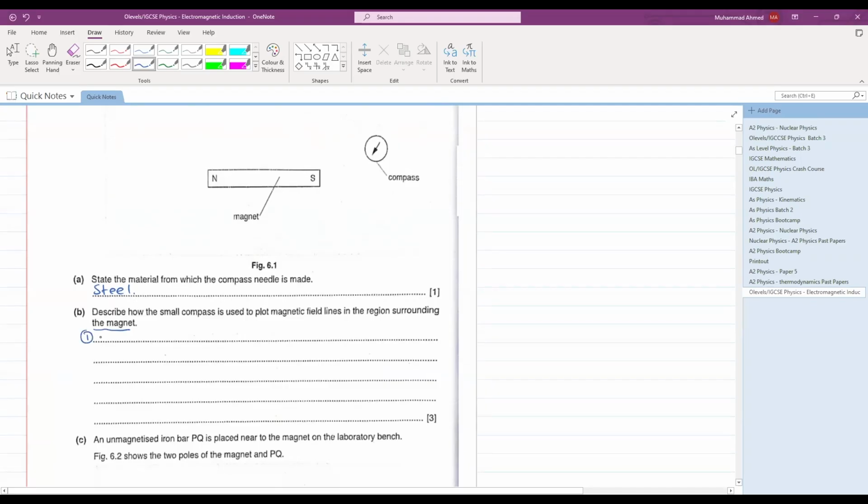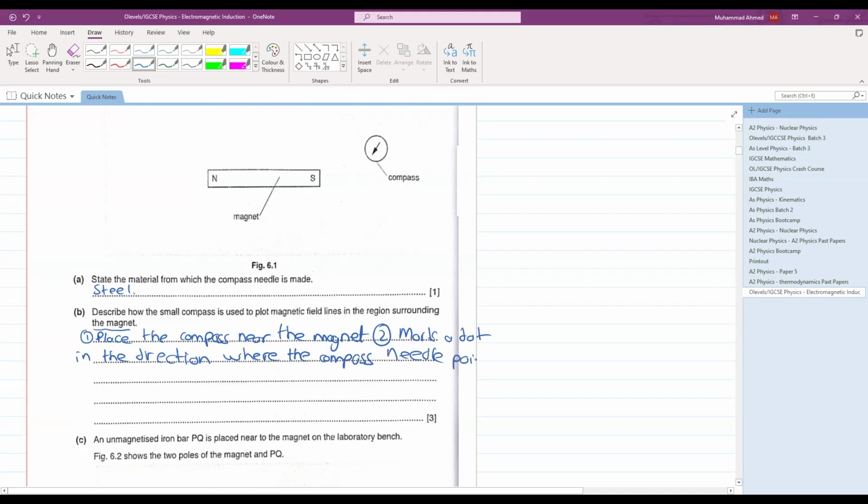Place the compass near the magnet. Second point, mark a dot in the direction where the compass needle points.